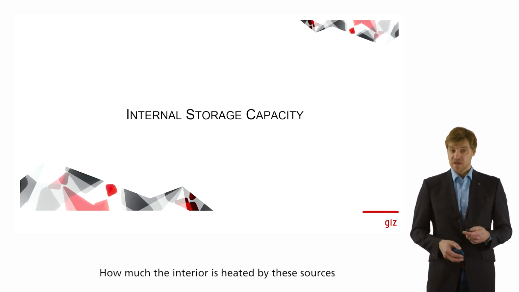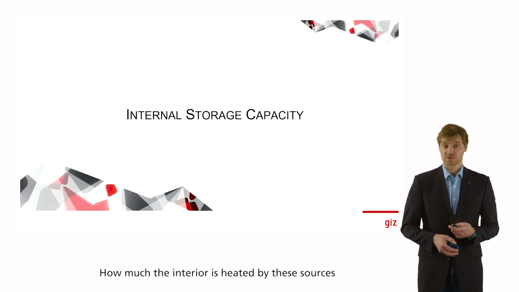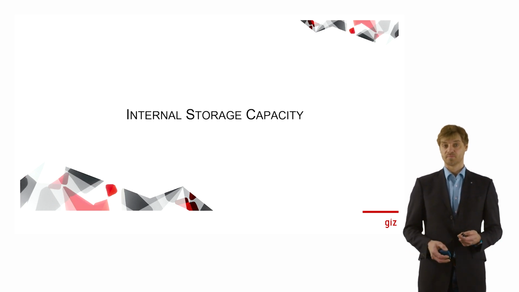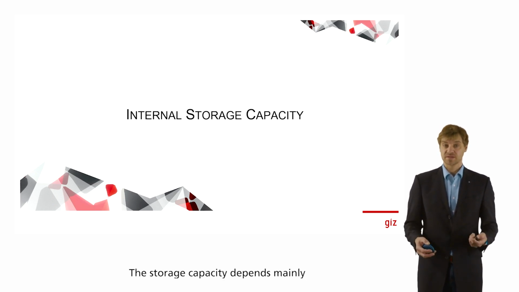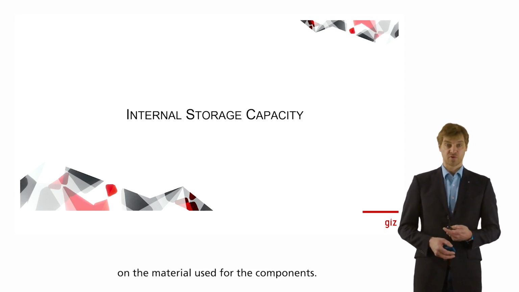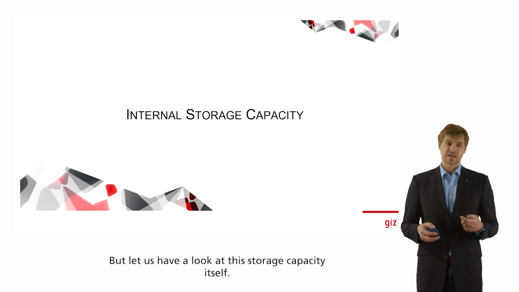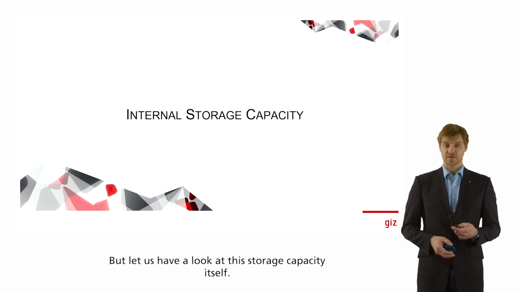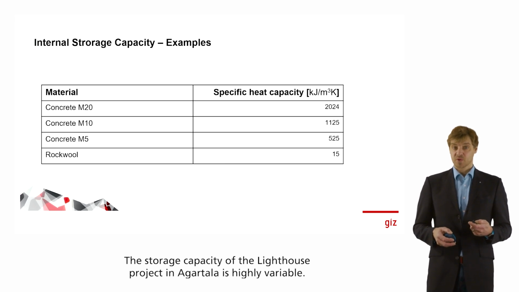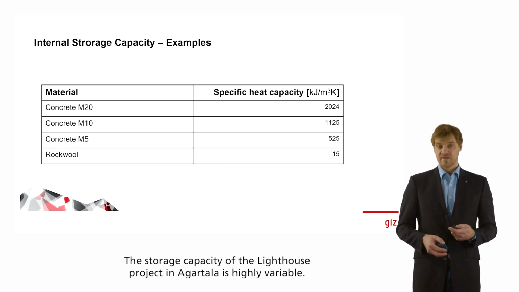How much the interior is heated by these sources depends mainly on the storage capacity of the room. The storage capacity mainly depends on the material used for the components. But let's have a look at the storage capacity itself. The storage capacity of the lighthouse project in AGARTALA is highly variable.